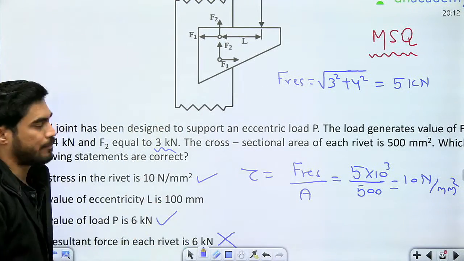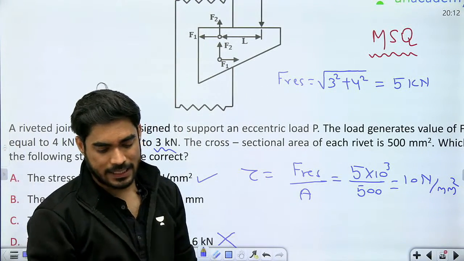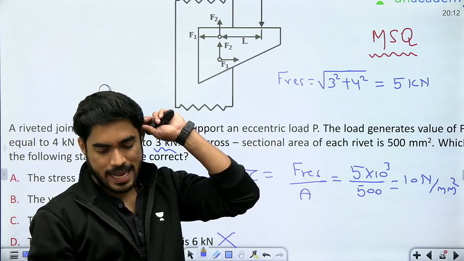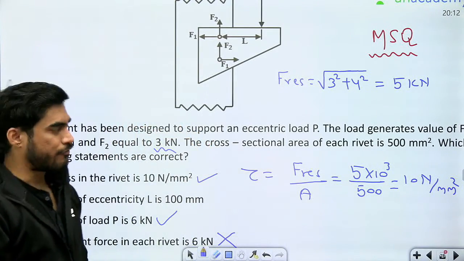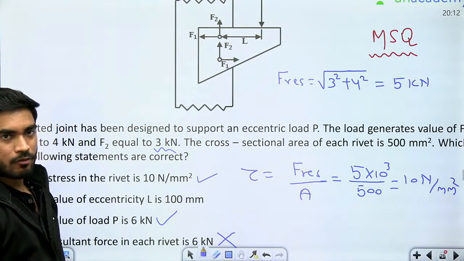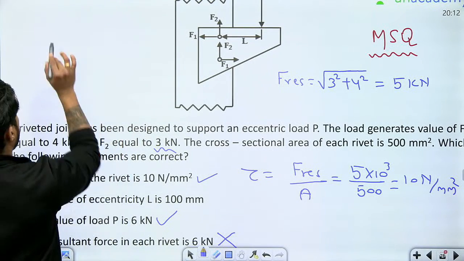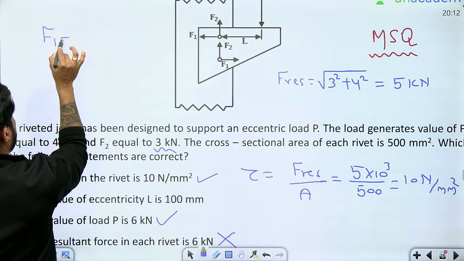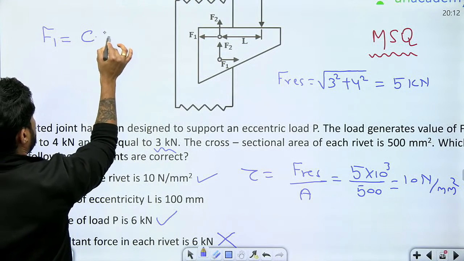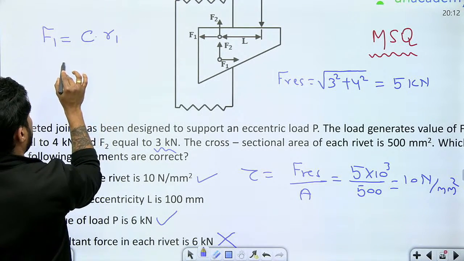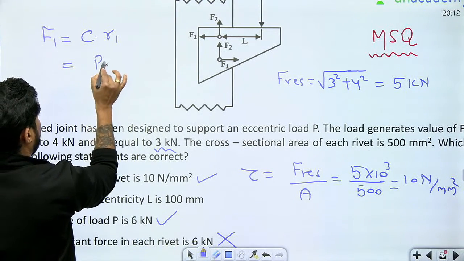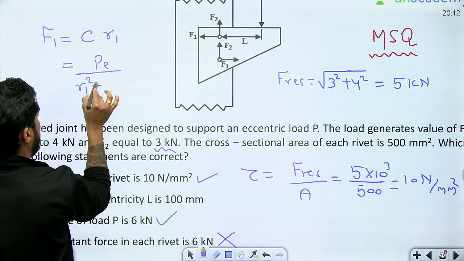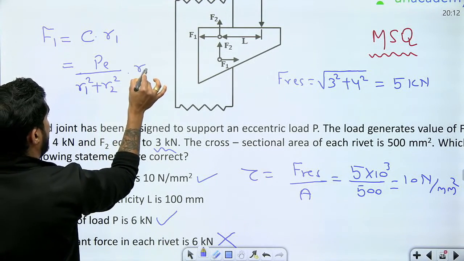But eccentricity is 100 mm. Is eccentricity 100 mm? How will we find out? In order to find eccentricity, what equation can you use? Secondary force will be equal to C into R1 means P into E by R1 square plus R2 square into R1.